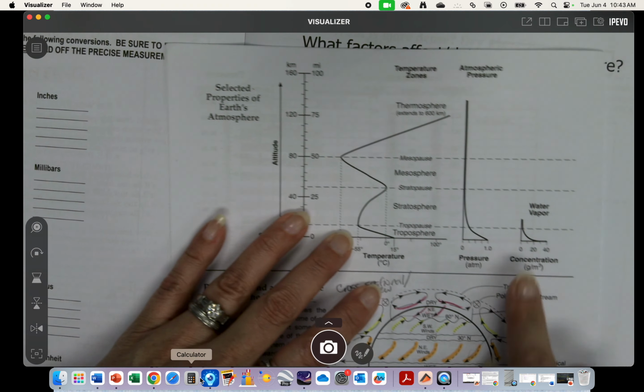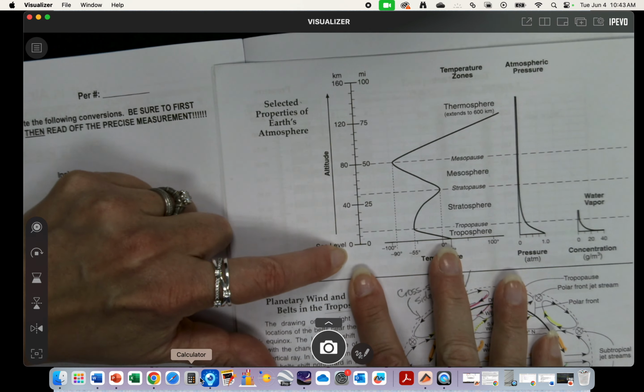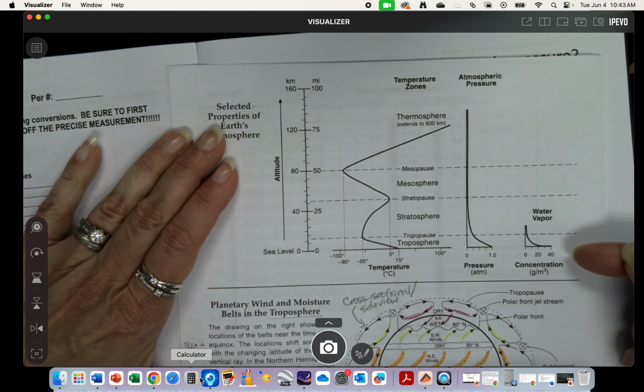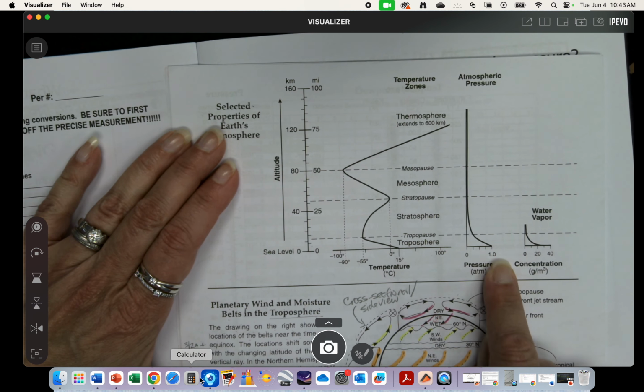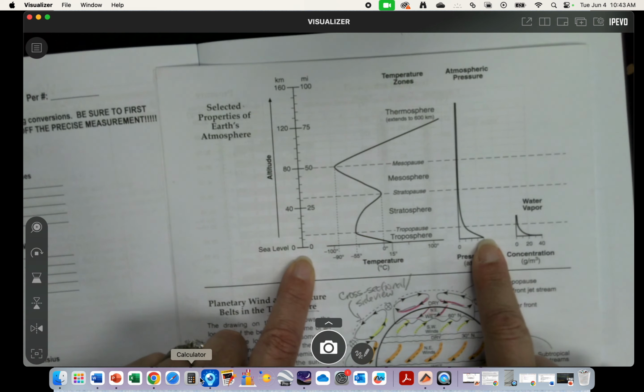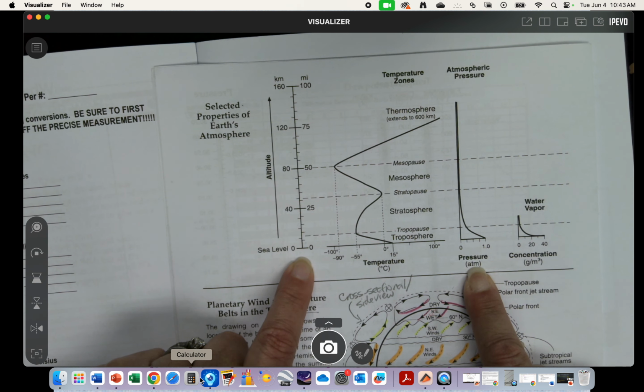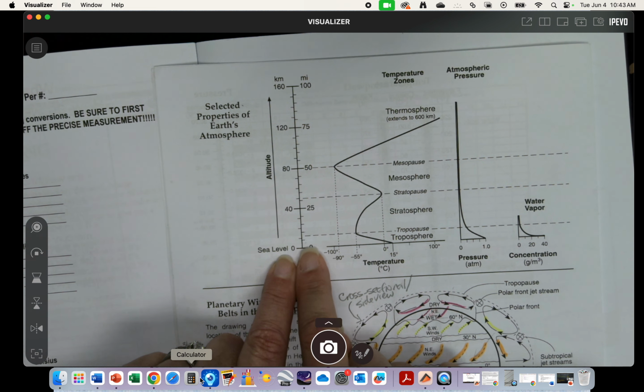All right. As we move up in altitude, if we look at this pressure graph, at sea level, the air pressure is 1 atmosphere, right? There's 1 atmosphere of air on top of us right now. But let's say we went up to 5 miles above Earth's surface.